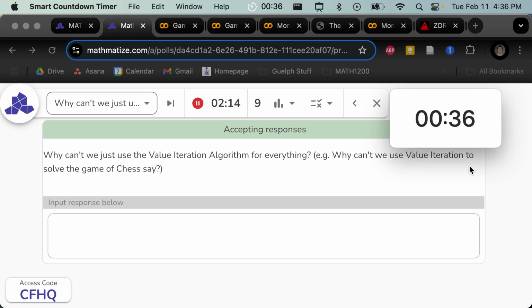All right, there's like 30 seconds left. Put in your guesses for why we can't use value iteration, say, for chess.